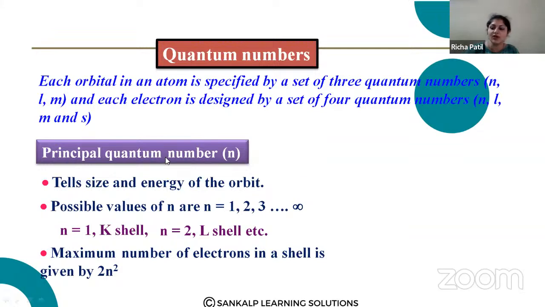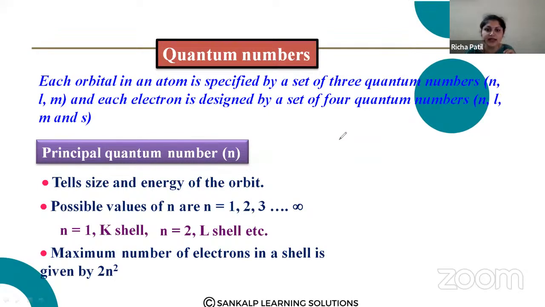What is the principal quantum number? It is determined by n. It tells you about the size and energy of the orbit. The possible values of n are 1, 2, 3, and it goes up to infinity. When n is equal to 1, it represents the main shell, the K shell.